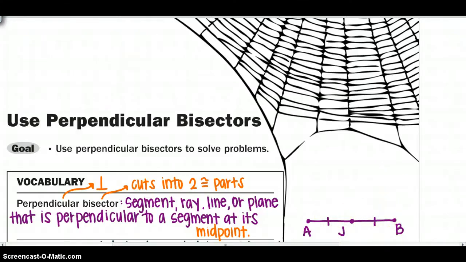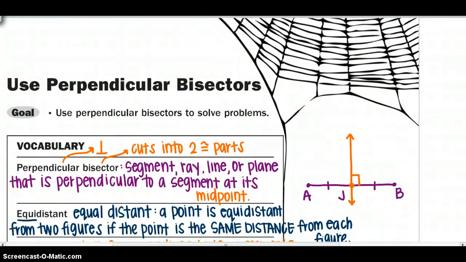And the perpendicular bisector will be a segment, ray, line, or plane that is perpendicular to the segment through that midpoint. So I'm through the midpoint and I am perpendicular. That is what our perpendicular bisector means.